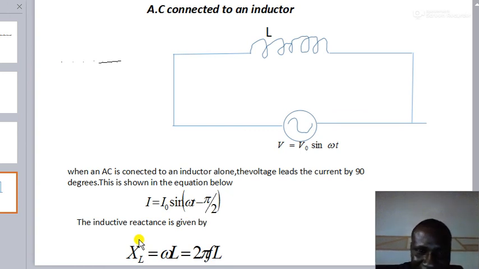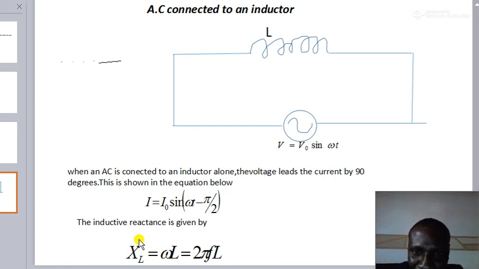So thank you so much for listening to this section. Do well to check for the examples that will follow, and by the grace of God, next meeting we hope to conclude this topic on alternating current, and then we shall be dealing with the alternating current connected to all three circuit elements: a capacitor, resistor, and inductor in series.